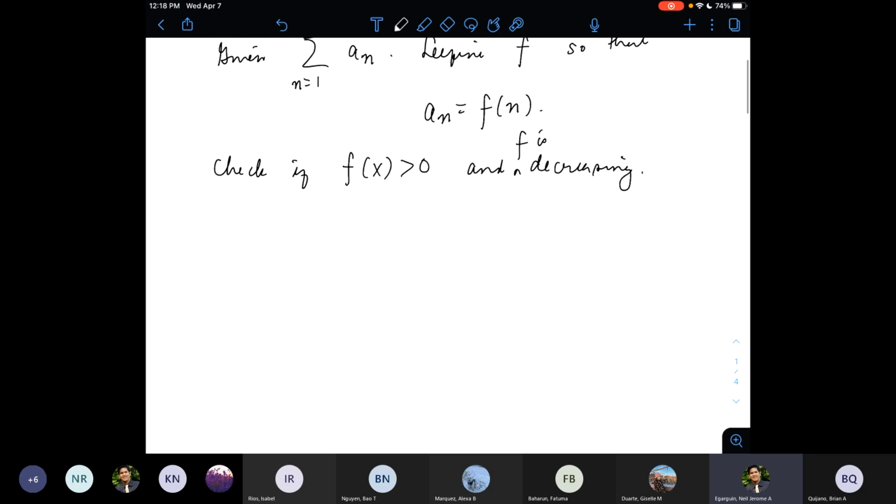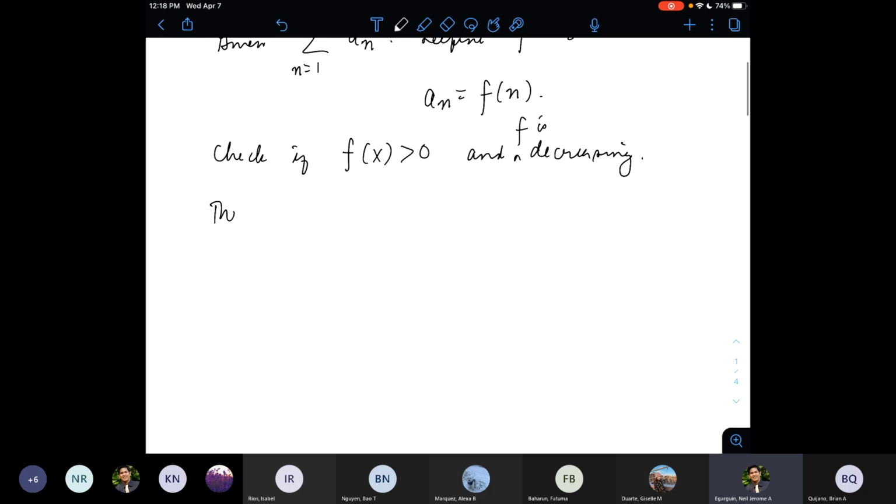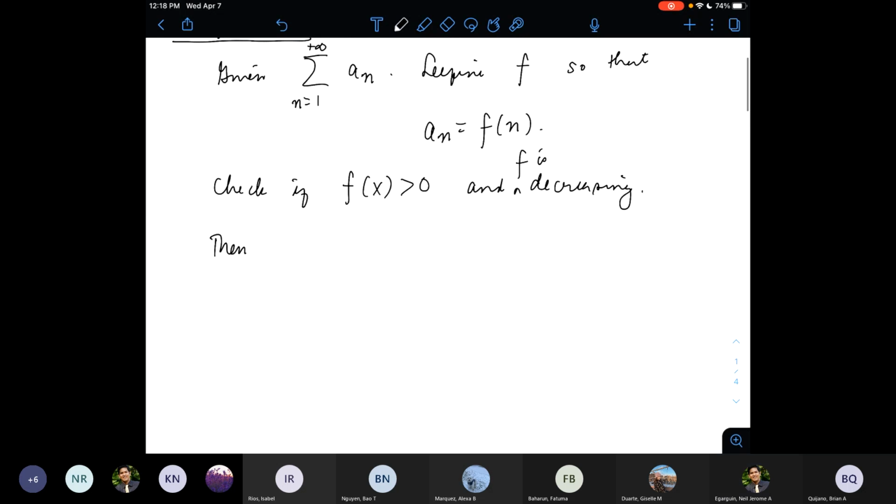That's a requirement. You can only use the integral test if the function is positive and decreasing. Then if the improper integral from 1 to positive infinity of f(x) dx converges, so does the series.